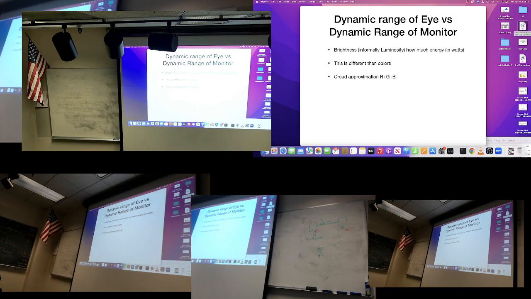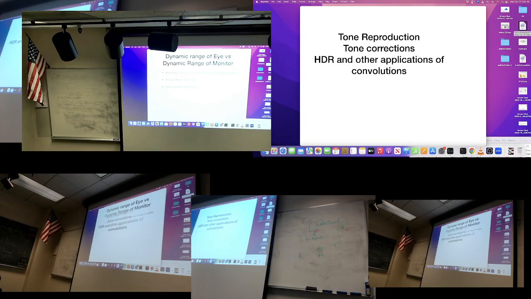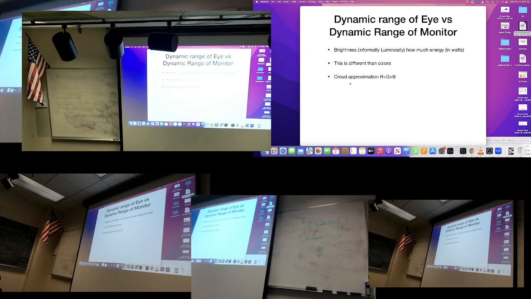One of the reasons for the messiness in all these terms is that there are the energies that are measured as a physical property, and then there is our emotional sensory reaction to how we interpret this intensity. We'll talk about this a bit more, about the subjective part of measuring the intensity. But again, the takeaway from this slide is that when we talk about the intensity, we'll think about R plus G plus B.